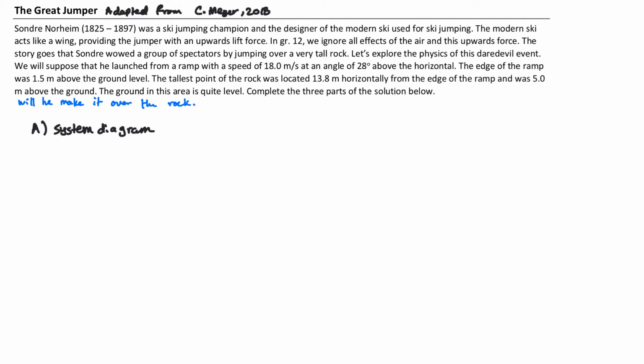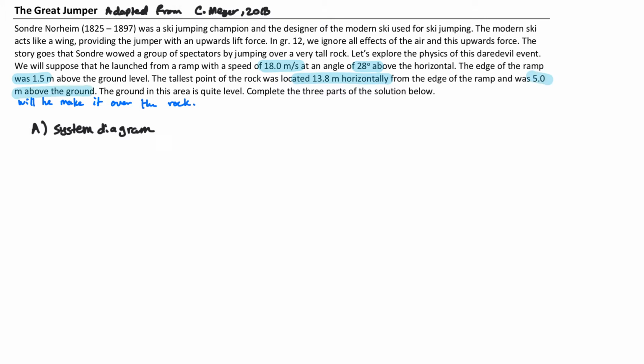Just going to highlight the numbers in here so we have an idea. We've got the ramp with a speed of 18 meters per second, 28 degrees above the horizontal. And the edge of the ramp was 1.5 meters above the ground. The tallest point of the rock was 13 meters horizontally and 5 meters above the ground.